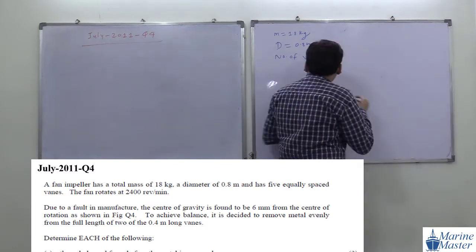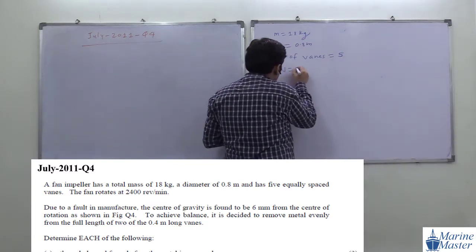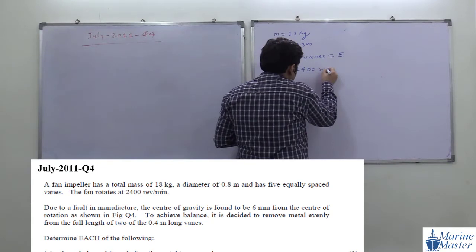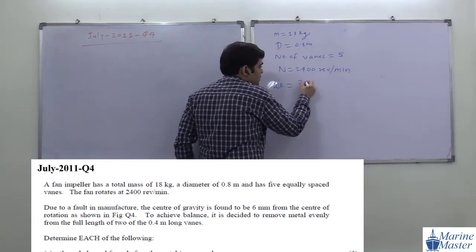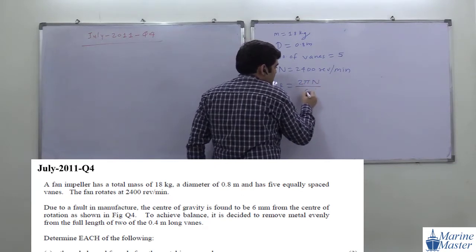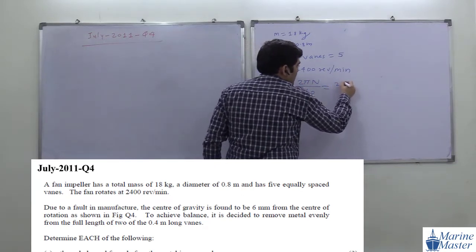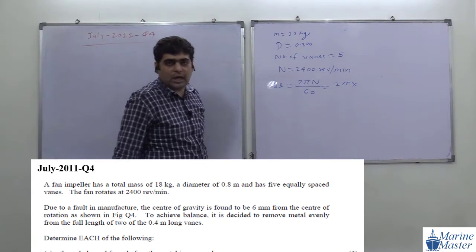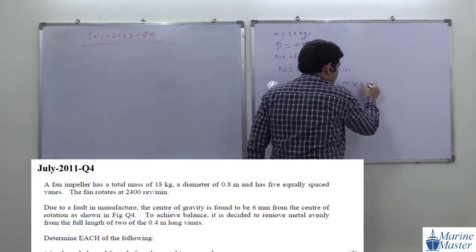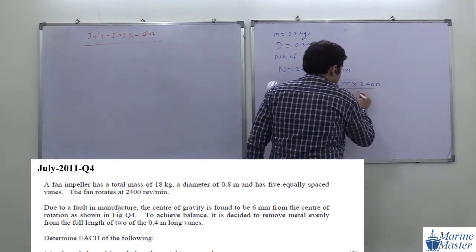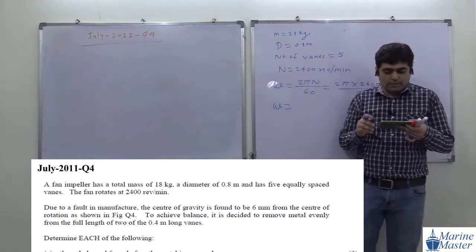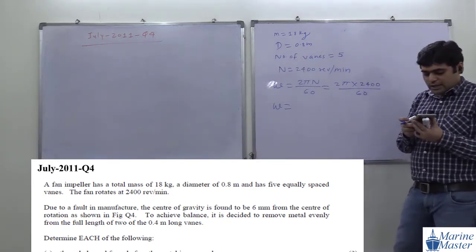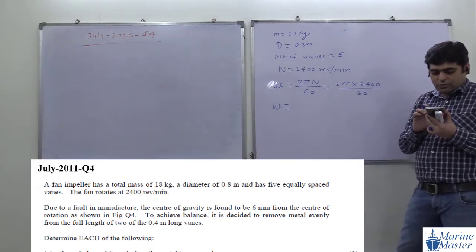So capital N is equal to 2400 revolutions per minute. So omega will be equal to 2 pi N by 60, so 2 pi times 2400 divided by 60. Everyone please do the calculation and tell me the value of omega.